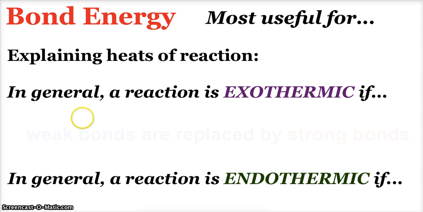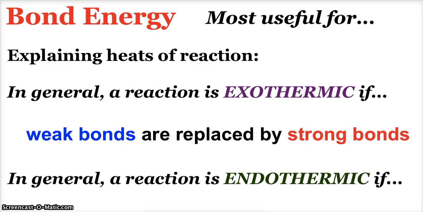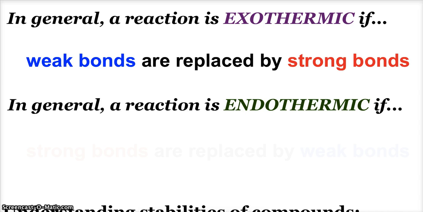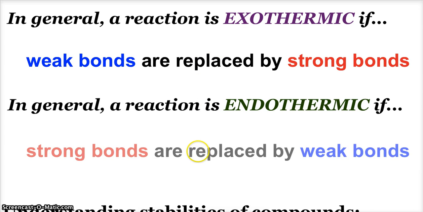In general, if we have an exothermic reaction, weak bonds in the reactants are being replaced by strong bonds in the products, aka your products are more stable, and so that extra energy is being released. And vice versa for endothermic. We'd have to put a lot of energy in to break the strong bonds of the reactants, and we're replacing them with weaker bonds on the product side.